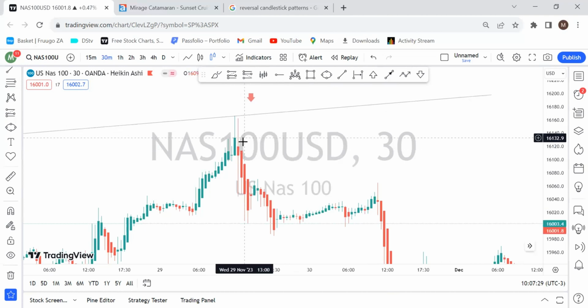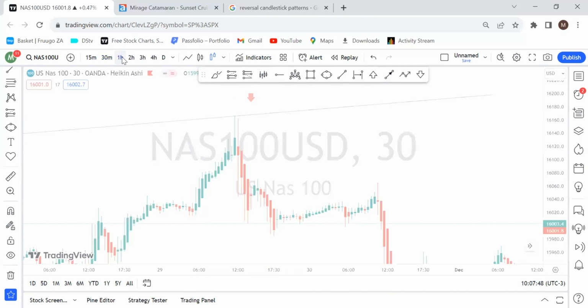So in the 30-minute time frame, it's just the same candlestick, but then with a much bigger, well, it's not that big, but then it's a bit bigger than the previous one, what we have in the 1 hour time frame, but it's the same concept, still a reversal.